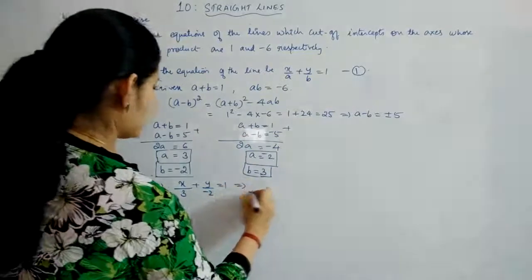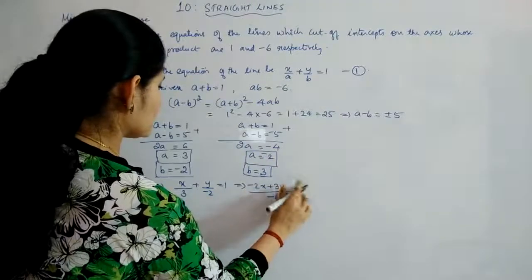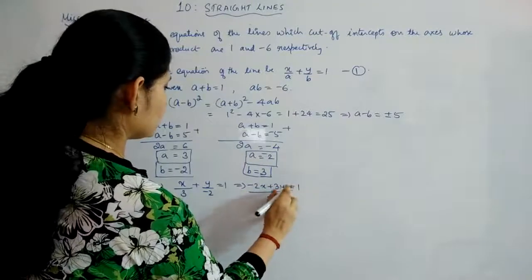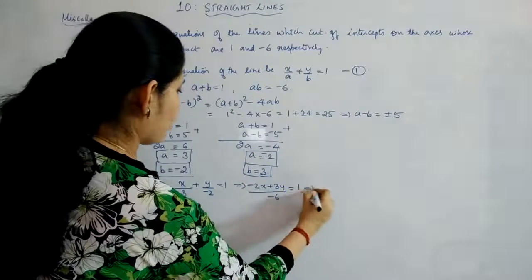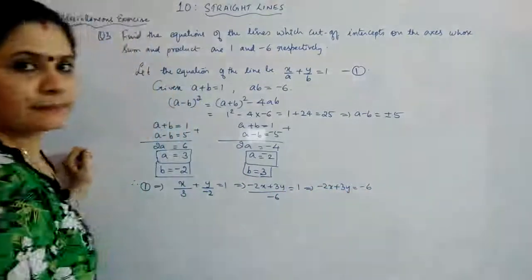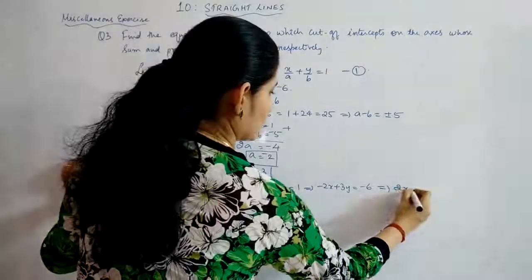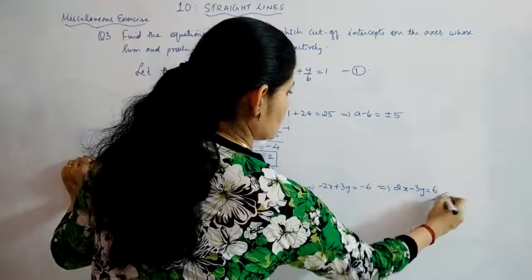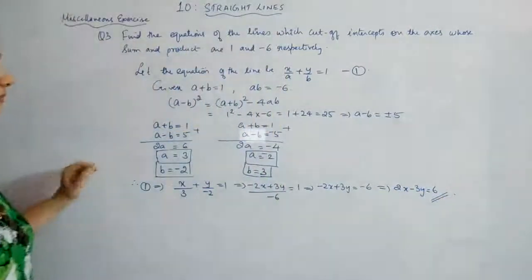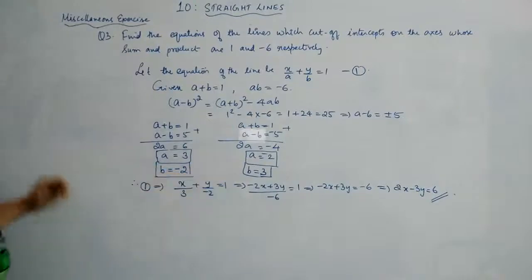Which implies, after taking LCM, minus 2x plus 3y is equal to minus 6, or you can just delete that negative sign so that this is 2x minus 3y is equal to 6. This is one equation.